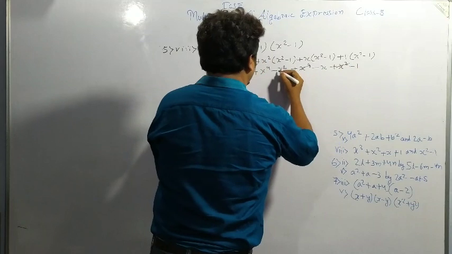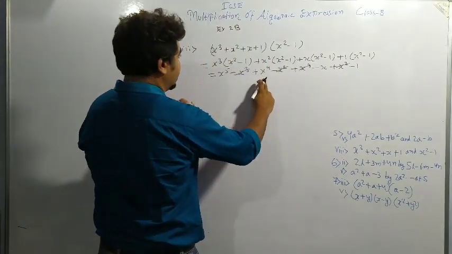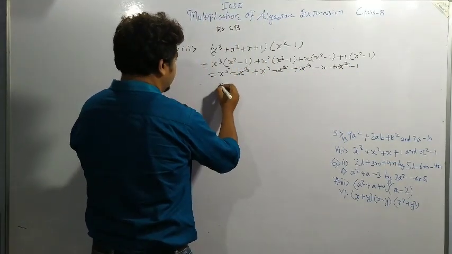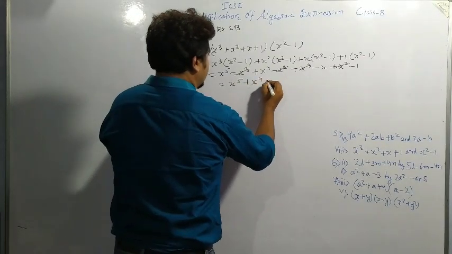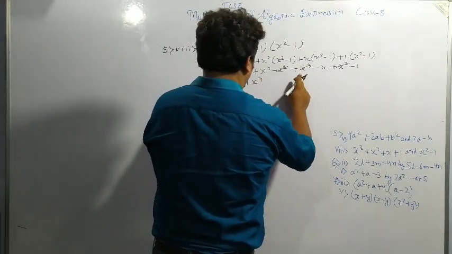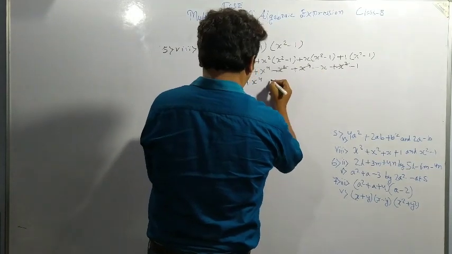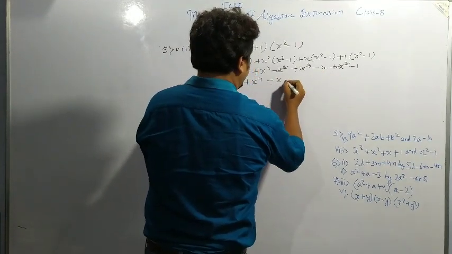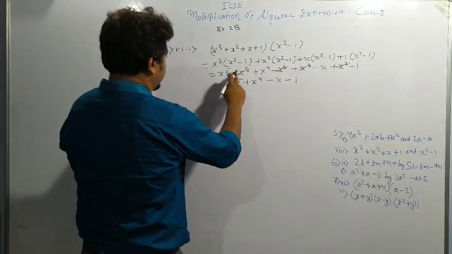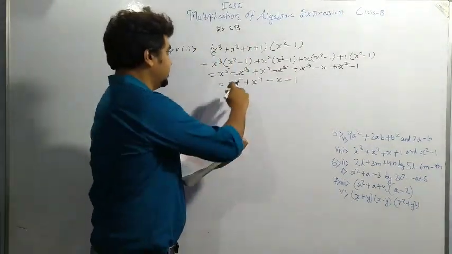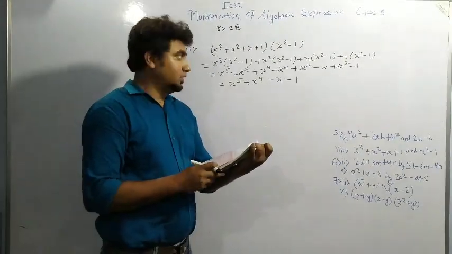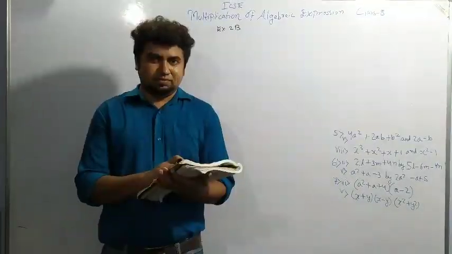Plus x square minus x square is cancelled. So what are the terms which are remaining? x to power 5 plus x to power 4, plus, here it is remaining minus x minus 1. So 1, 2, 3, 4, 5, 6, 7, 8, 4 terms have been cancelled. Only 4 terms are left. So this is question number 5 bit 8.